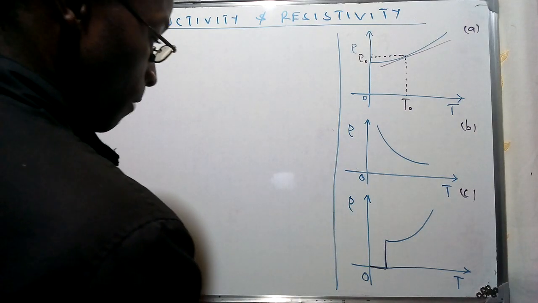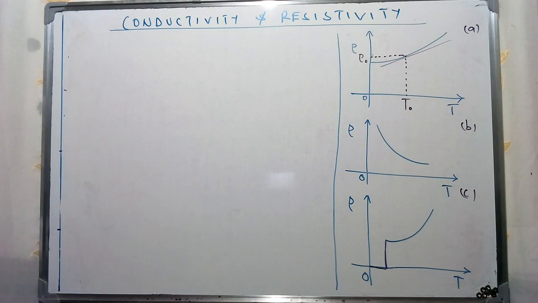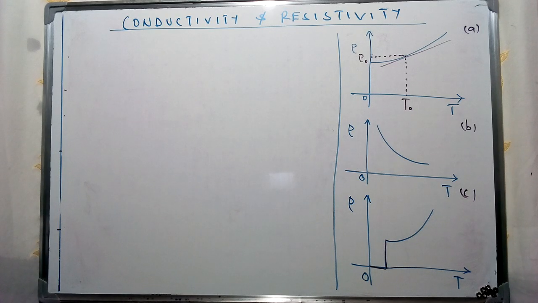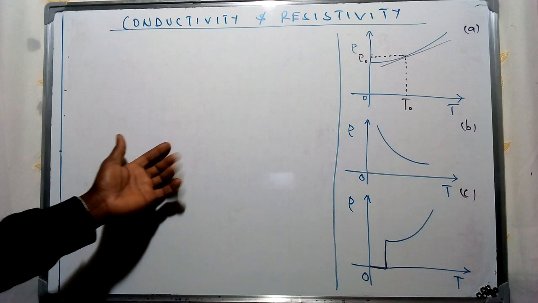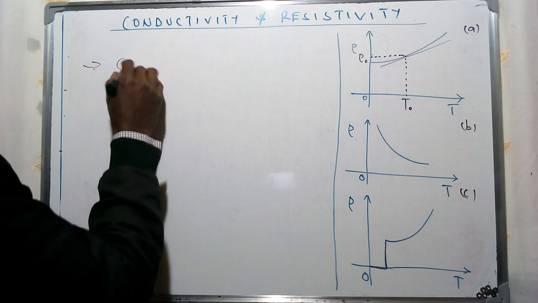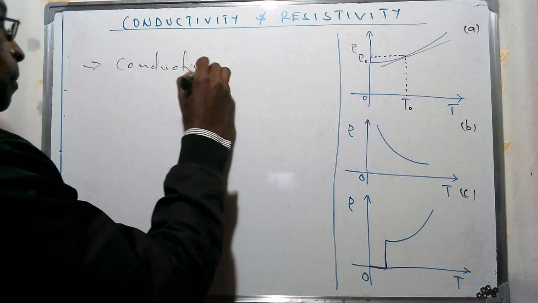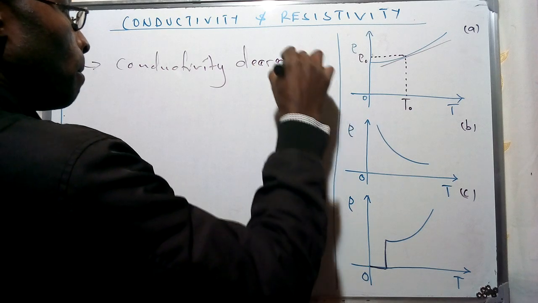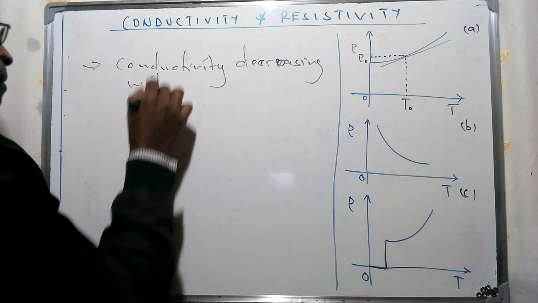Now particularly I'm going to emphasize the concept of conductivity, which I've given on the right side of the board. We're going to see that conductivity basically is going to decrease with temperature.